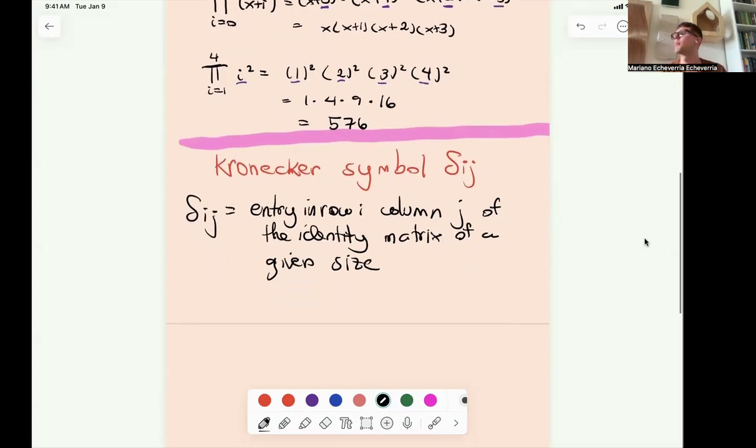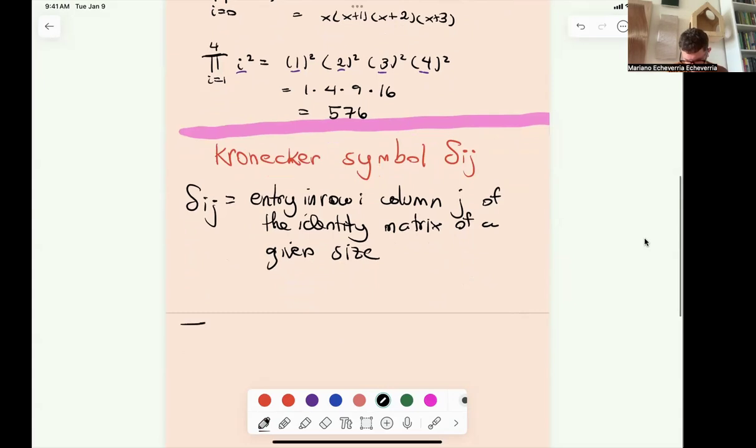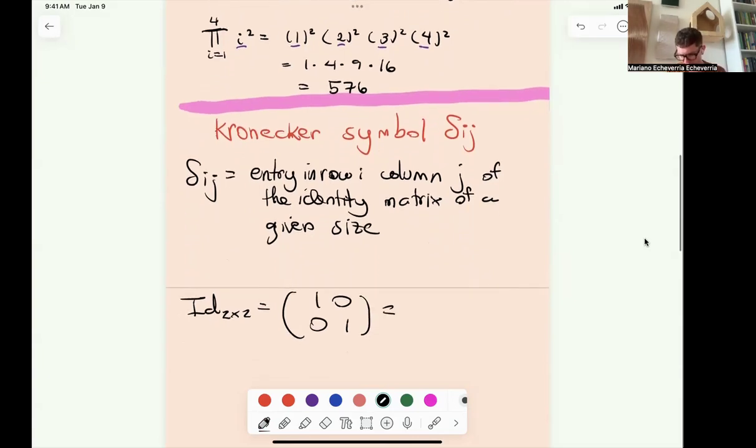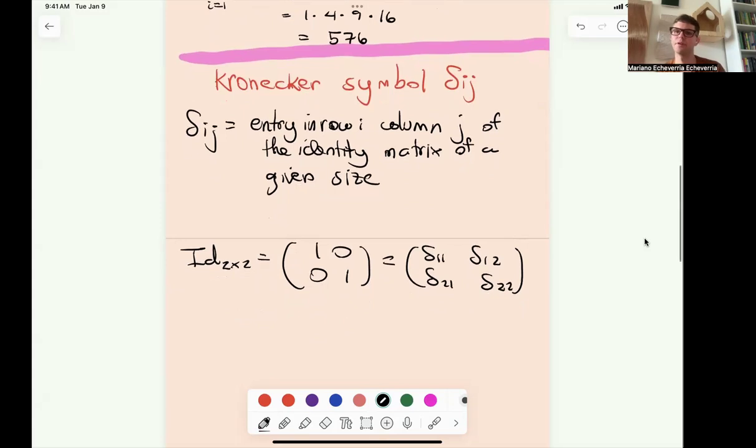So for example, what is the 2 by 2 identity matrix? It was 1, 0, 0, 1, right? So in this notation, this would be delta 1, 1, delta 1, 2, delta 2, 1, and delta 2, 2. Let me do another one.